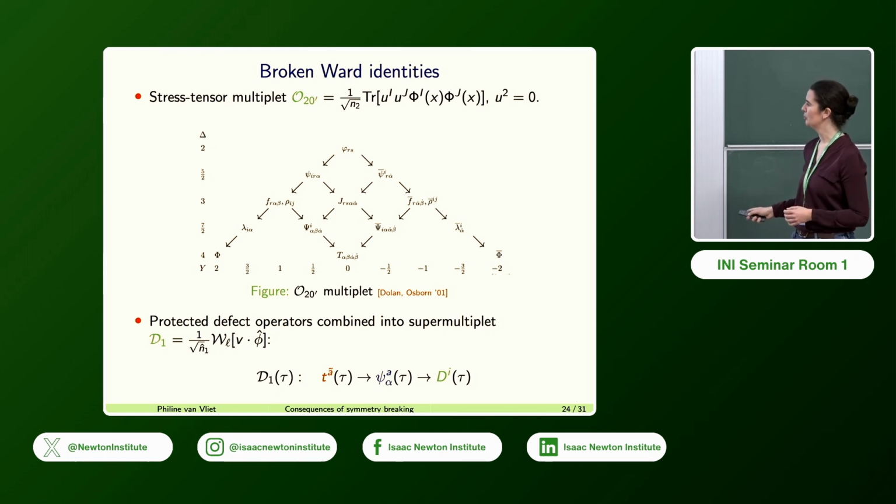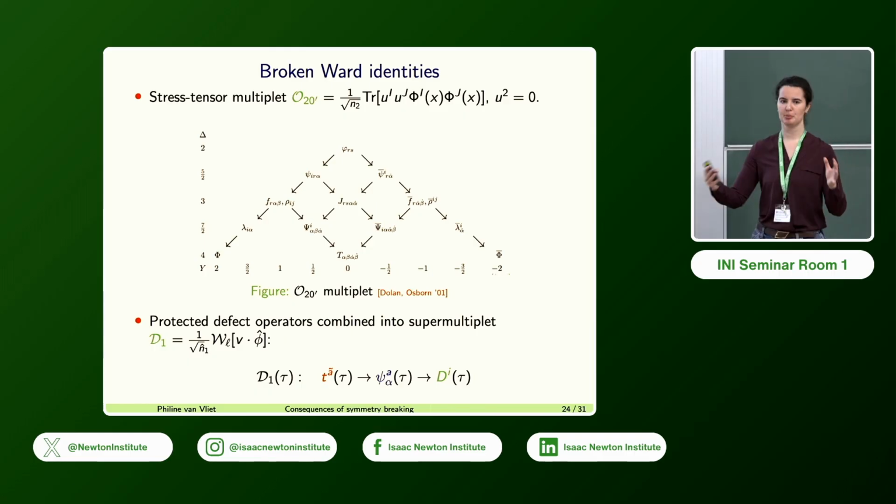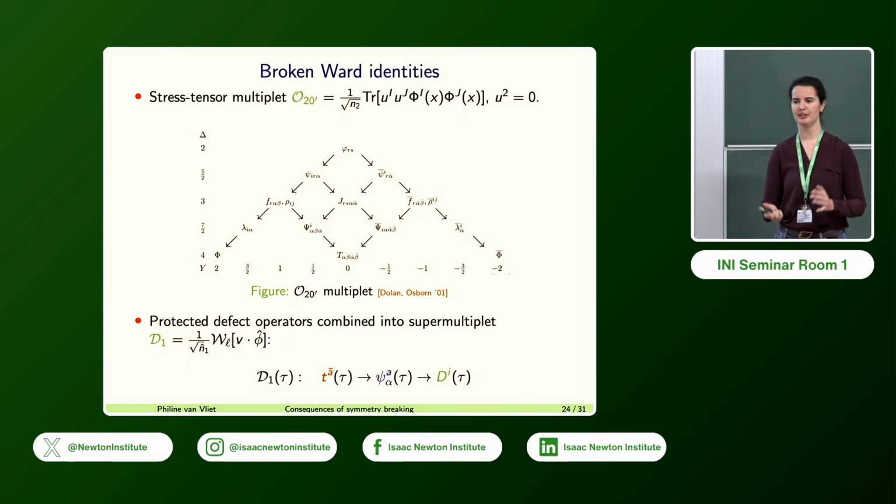Also the defect operators, the tilt, the displacino, and the displacement, sit together in a single protected supermultiplet that is called D1. Because of supersymmetry, we can put all the constraints together, and for example for 4-point functions this just gives you a single crossing equation.